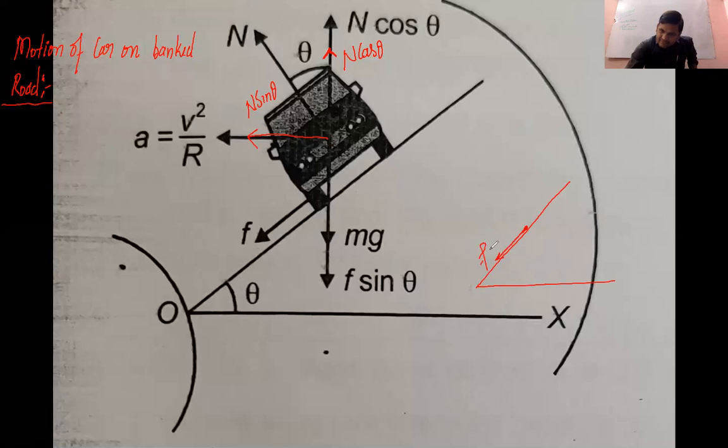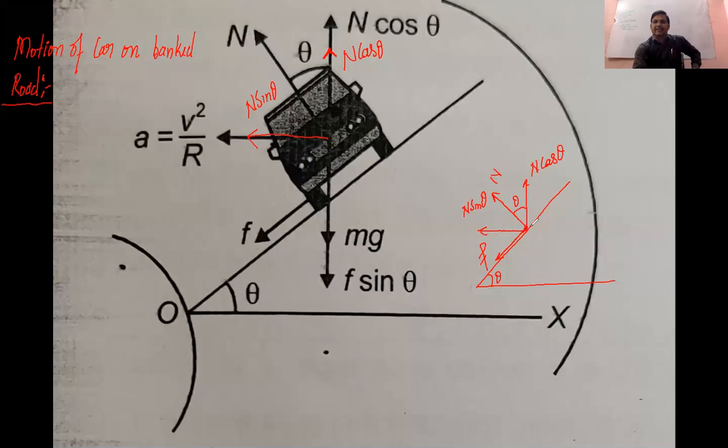And the normal reaction was like this, and if this angle is theta, this will also be theta, so this will be your n cos theta, and another component will be like this, this will be your n sin theta here.